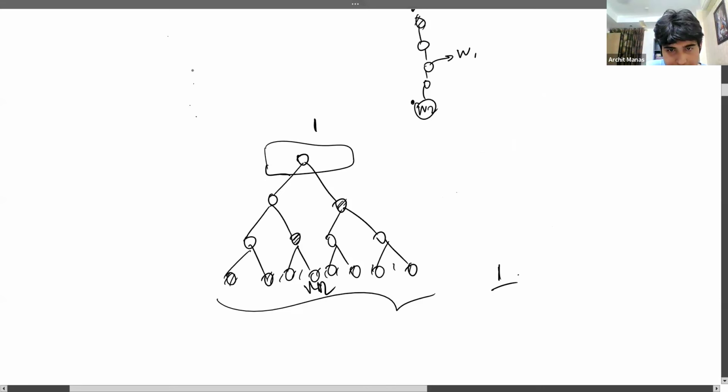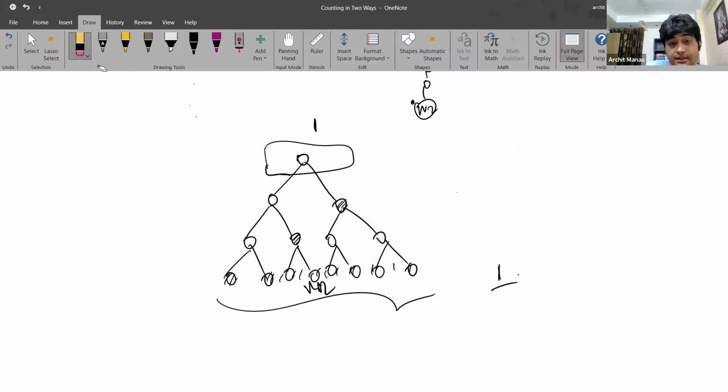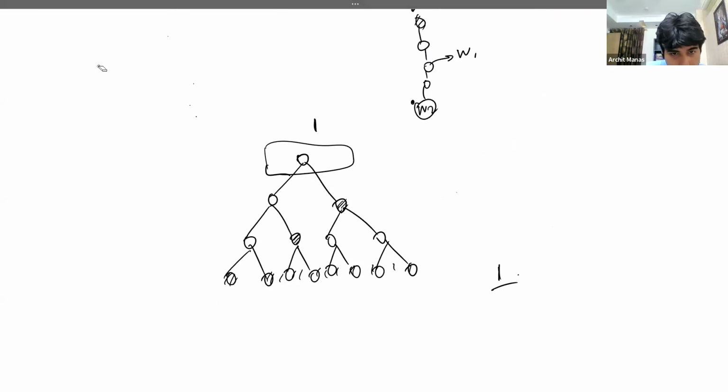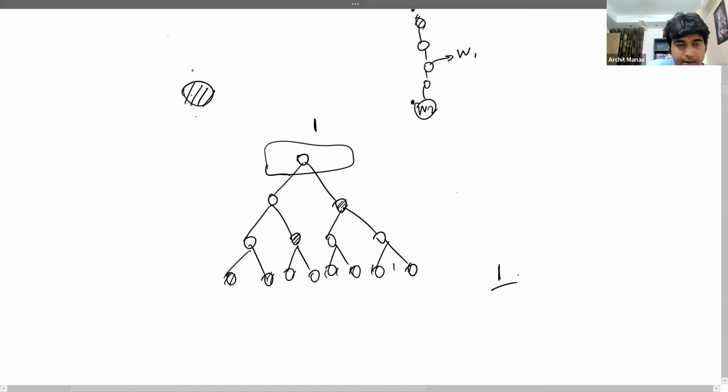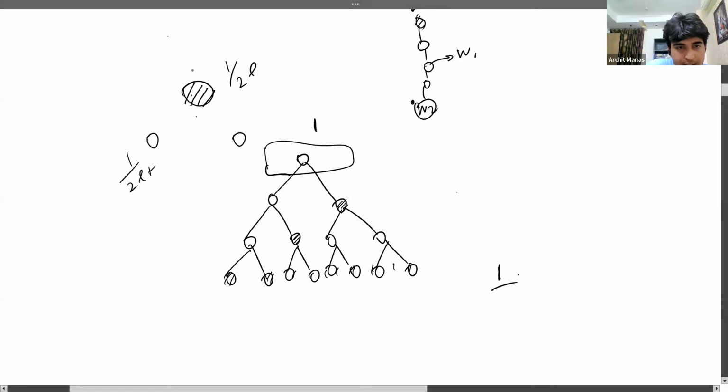So imagine that some vertices are marked, right? And these are the things that are in W. Now, imagine you look at one of these vertices, and you look at its 2 children. This has weight, let's say, 1/2 to the L. This is going to have weight 1/2 to the L plus 1, and this will also have weight 1/2 to the L plus 1, right?